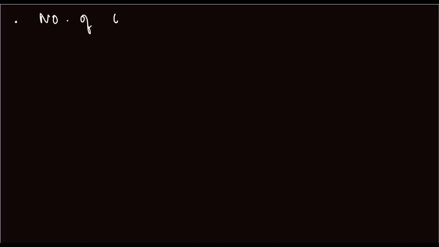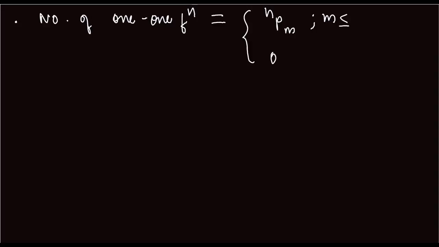So the number of one-one functions is equal to two cases: nPm if m is less than or equal to n, where n(A) is equal to m, such that these properties are true, and 0 if m is greater than n.